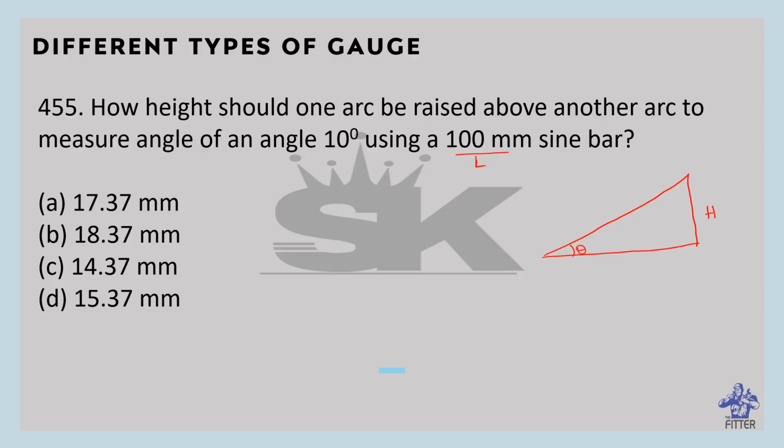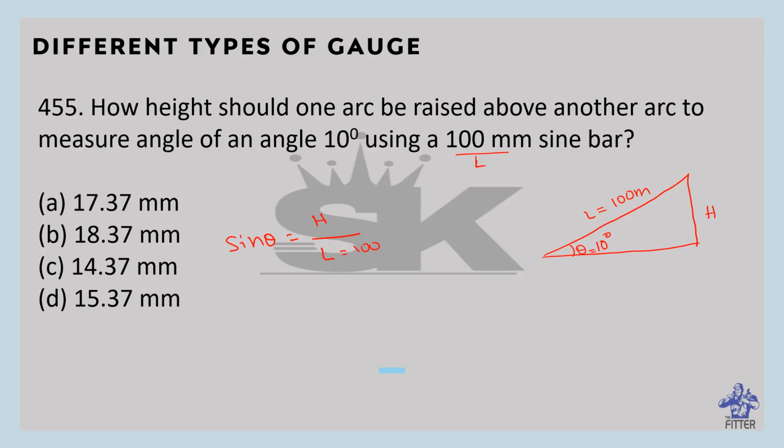Here given theta equals 10 degrees, L equals 100 mm. So sine theta equals opposite side is height, and hypotenuse is L, that is equal to 100 mm.